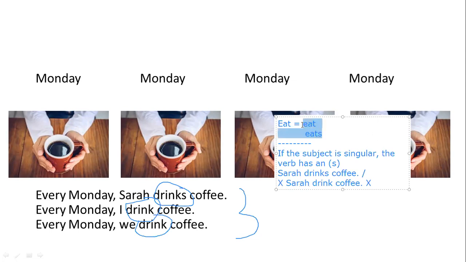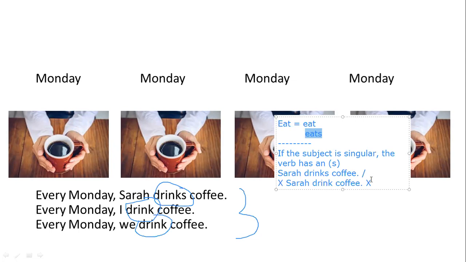The verb in the present simple can be either exactly like the root of the verb, or it could have an S. So when I describe a repeated or habitual action, I use either without an S or with an S. So when do I use with an S? If the subject is singular.